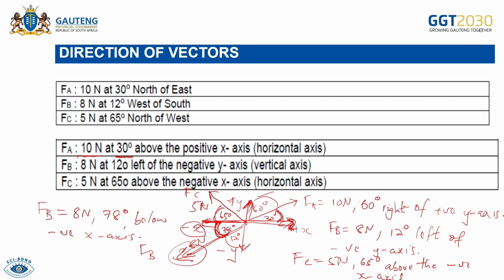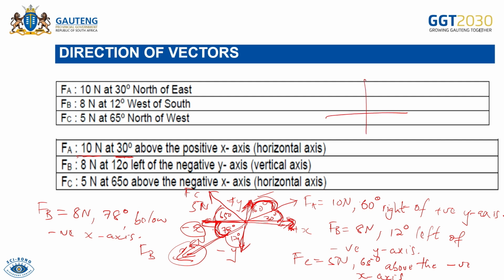When it comes to the vertical axis, which is your y-axis, we are using left or right. There's no below and above. Below and above is for the horizontal axis, and left and right is for the vertical axis. For example, here I'm having 60. So is this 60 right of the vertical axis or left?